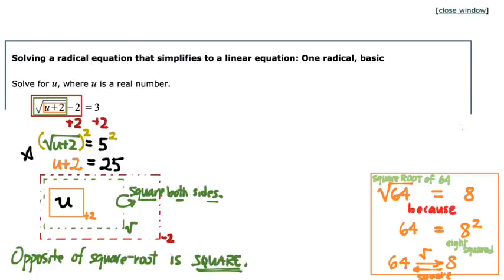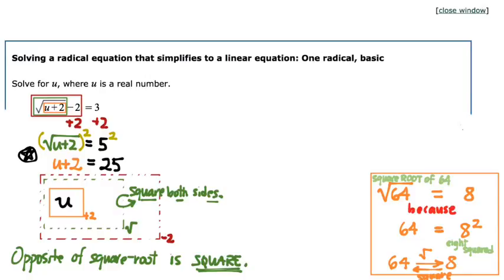That was the key step in this process. Knowing that to undo a square root, what we really want is to square. We want to raise both sides to the second power, or equivalently, multiply both sides of this equation by themselves. That kills our square root and leaves us with just u plus 2. And now this is an equation that we could have solved months ago.